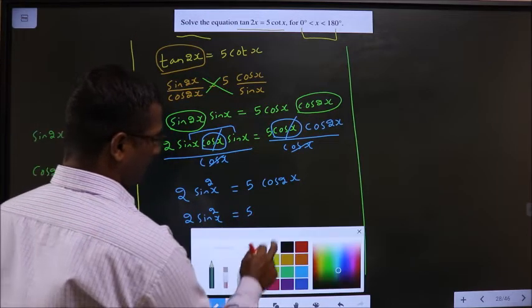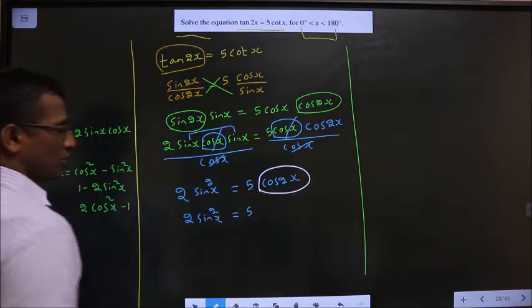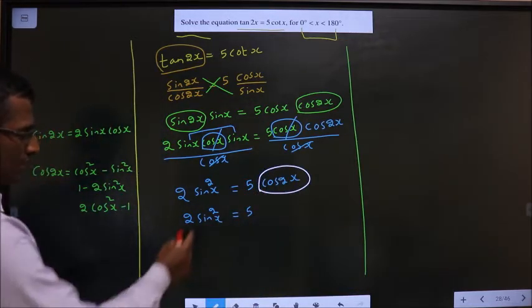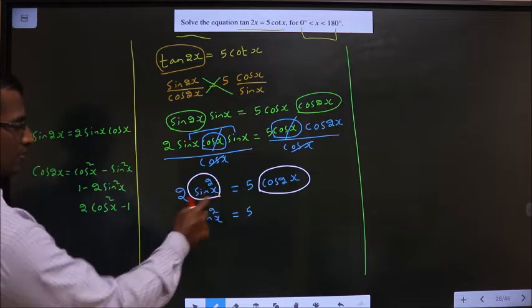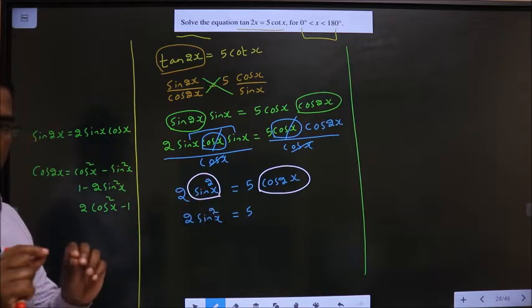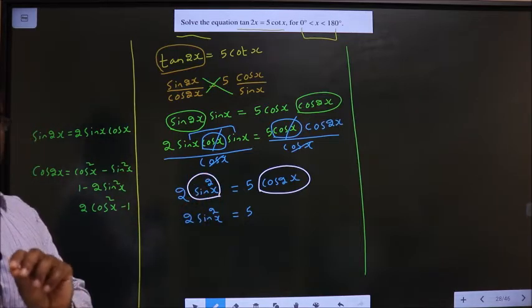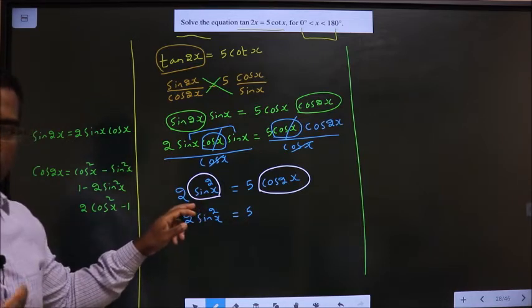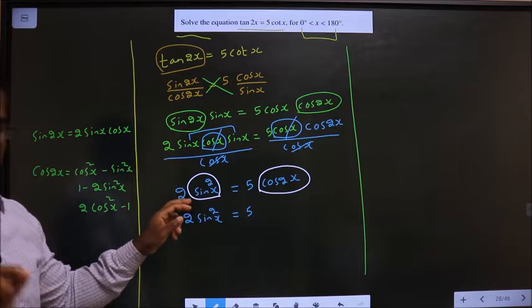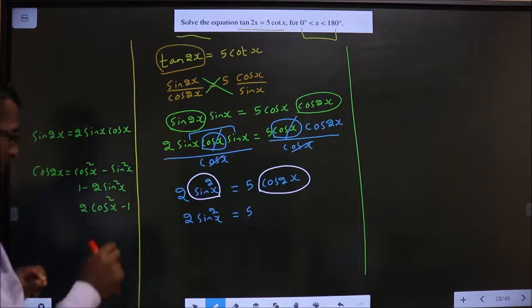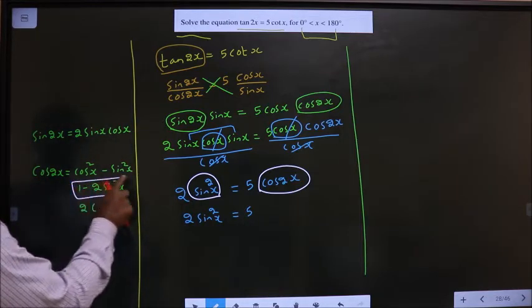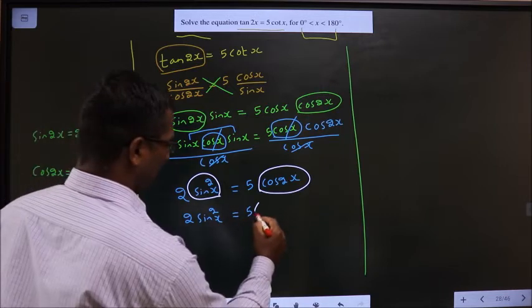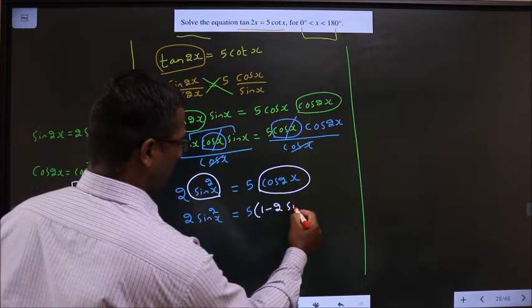Now I will replace cos 2x by what? Here I have got sin square x, so I will write cos 2x also in terms of sin. Clear? That is this one. So 5 times 1 minus 2 sin square x.